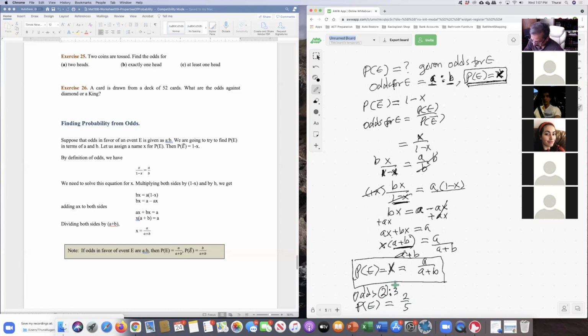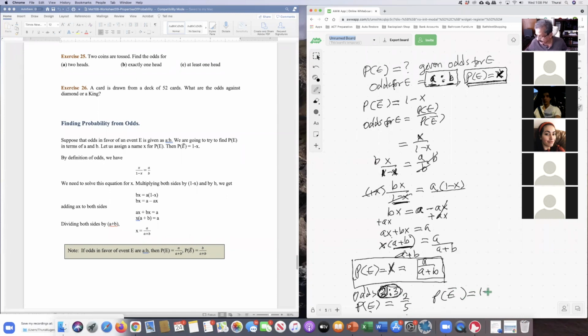A over A plus B. This number divided by the sum of both numbers. That's what we proved. If the odds are A to B, then probability equals A over A plus B. So if the odds are 2 to 3, probability is 2 over 2 plus 3, which is 2 over 5. That's simple. And always, if you need the probability of E bar, that'll be 1 minus this.